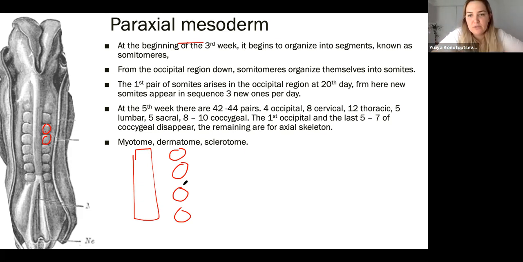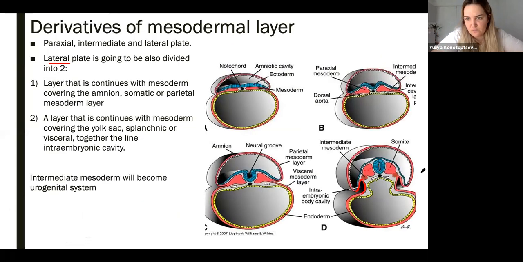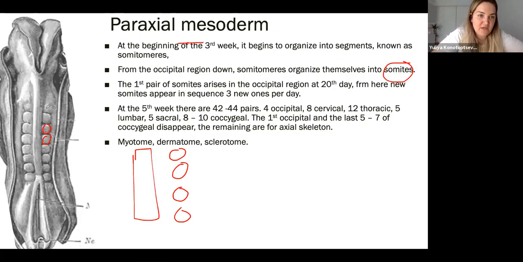How do we call the unit of the paraxial mesoderm? We call it a somite. That's the name for it. So these are somites.